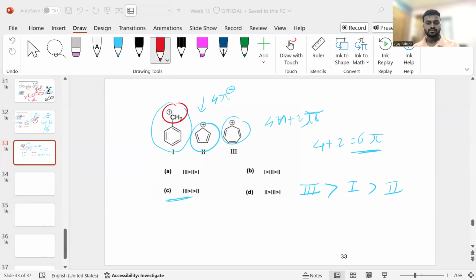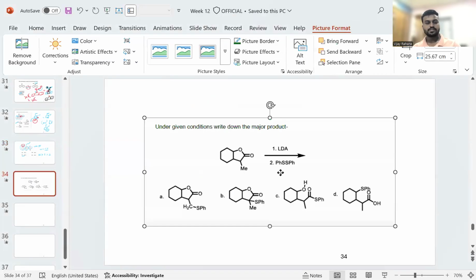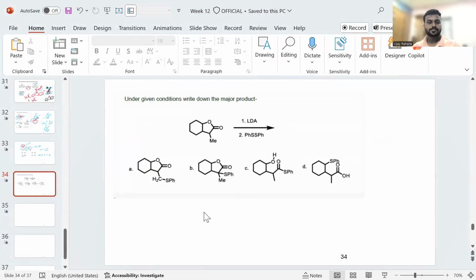In this question 5, when we add the LDA, this LDA is a strong base. So when you add the LDA, it abstracts the alpha proton of this ester. I think this question needs some explanation. So this is the question.